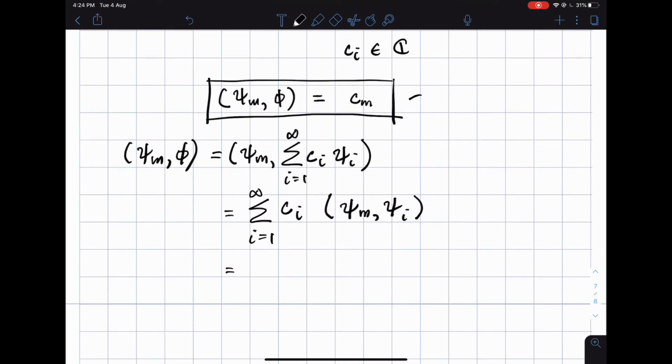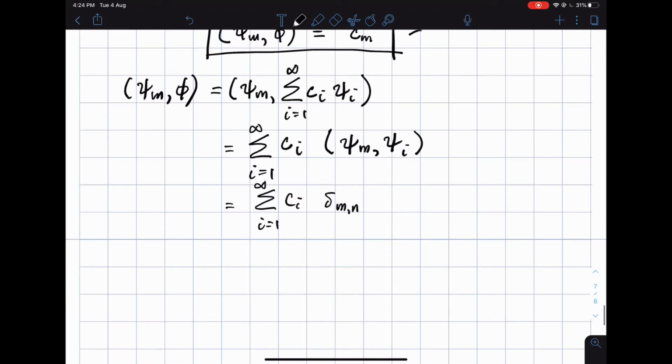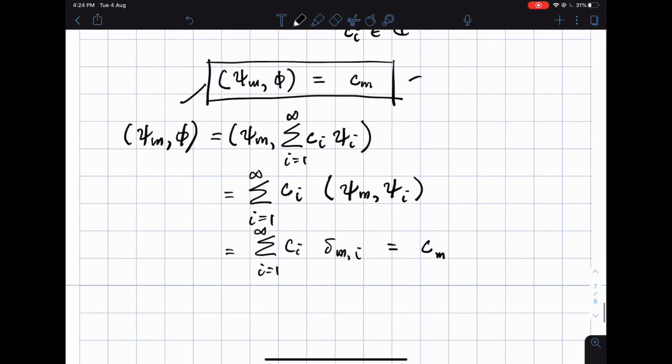So I use that equation now: the sum over i from 1 to infinity of Ci delta mi. I can now do this sum easily because I've got a Kronecker delta, and that sum gives me, wherever there was i, I put m. So there's an i here and an i here, and in its place I put m. And therefore we have proved this equation.